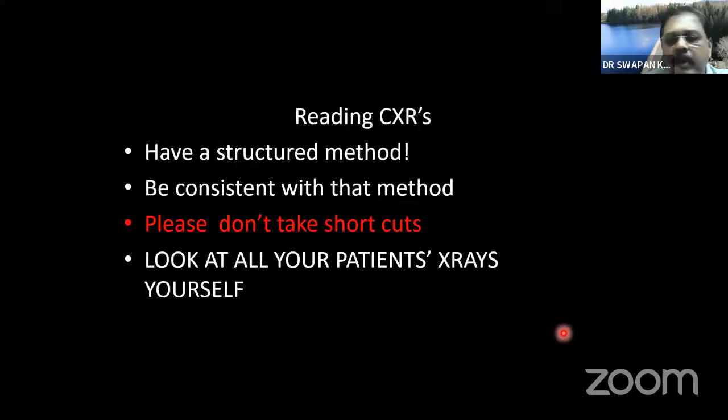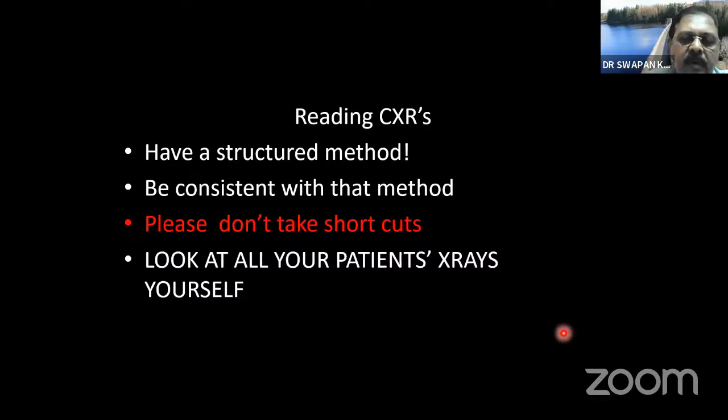Now we have gone through details within the last 15 to 20 minutes about the basics of how to read the chest X-ray. I'm telling it repeatedly, you have to go in a structural method. You cannot skip anything.